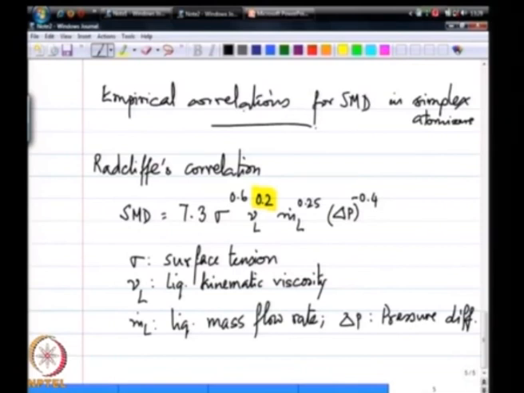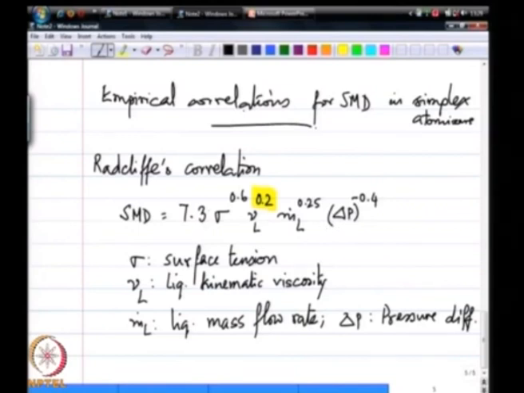There is one serious problem and shortcoming with writing an equation like this. That is the fact that an equation like this is dimensionally incorrect. That is, all of your quantities sigma, nu L, m dot L and delta P are all dimensional quantities.